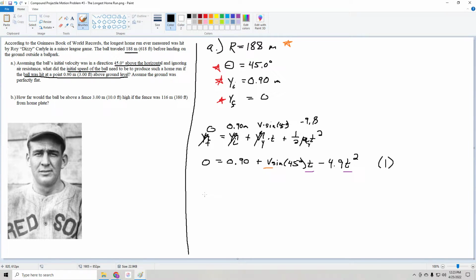So we know that the range can be written as the initial velocity times the x component, the cosine of 45 degrees, times the amount of time it takes for the ball to return to the ground. And in fact, let's erase R and replace it with the value that they gave us, 188.